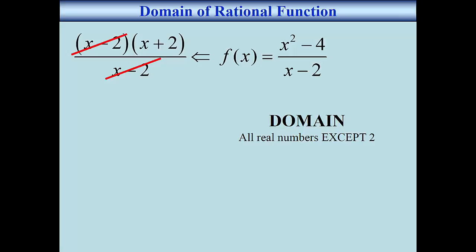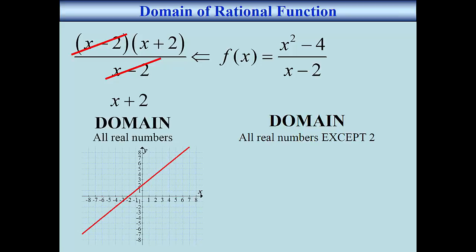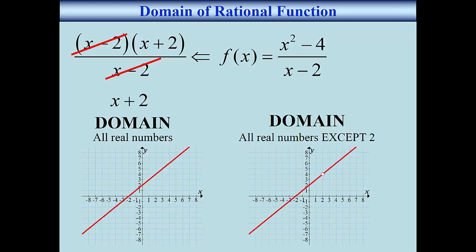So x squared minus 4 divided by x minus 2 is the same thing as x plus 2 except for one number. x plus 2 has a dot at 2, but x squared minus 4 divided by x minus 2 does not have a dot there. Now that is illustrated on graphs with a circle instead of a dot where the line is.